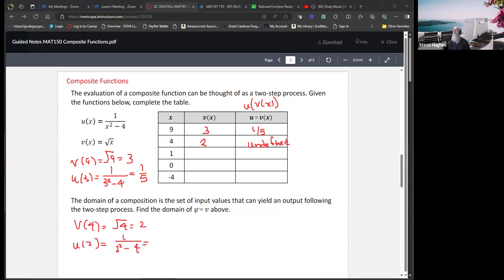All right, next, what is v of 1? 1, perfect. What is u of 1? Negative 1/3, perfect.